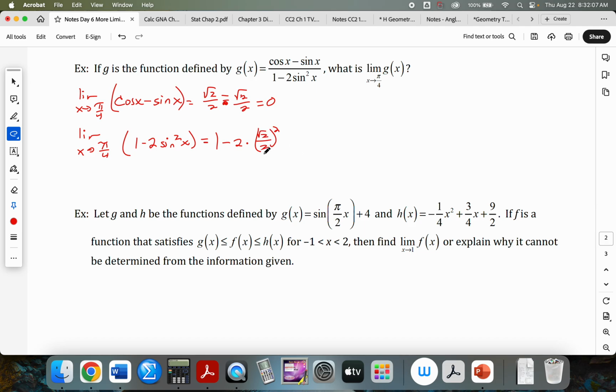Square root of 2 over 2 squared is 2 over 4, which is a half, times 2 is 1. Well, crud. It would have been really nice, wouldn't it? And it's already all in terms of sine and cosine. Well, that's not great.